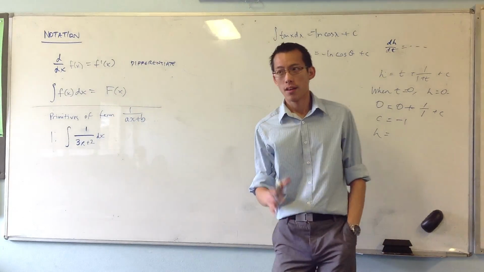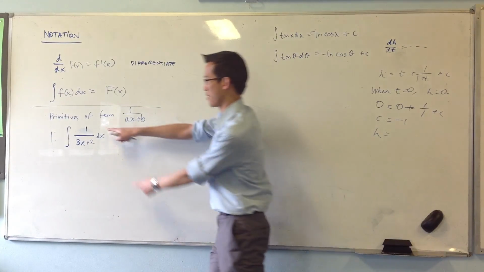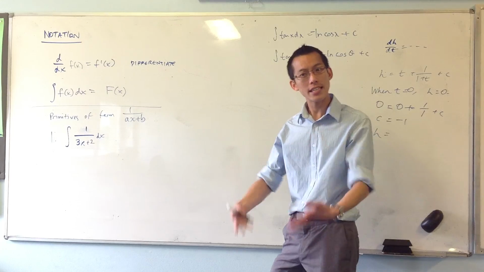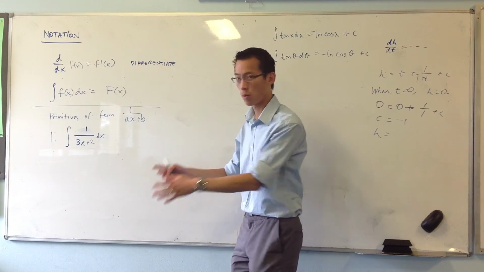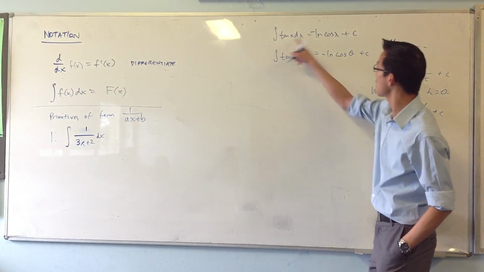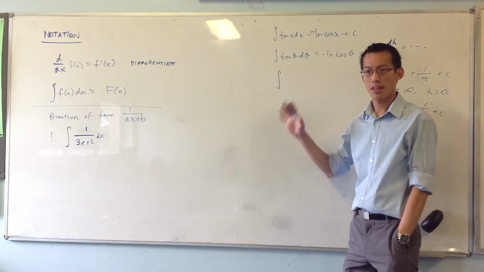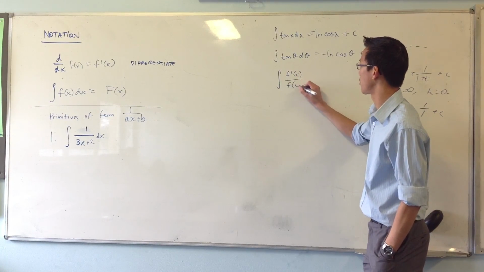Now, these rational functions. Rational in that it's a ratio, it's a fraction. That's all we need. We're anticipating that these are going to lead to log functions. So what I'm looking for is something like this, if I have the antiderivative of this special kind of fraction.